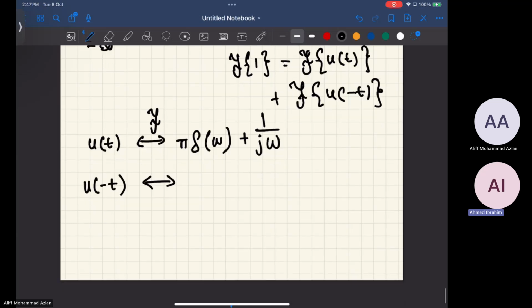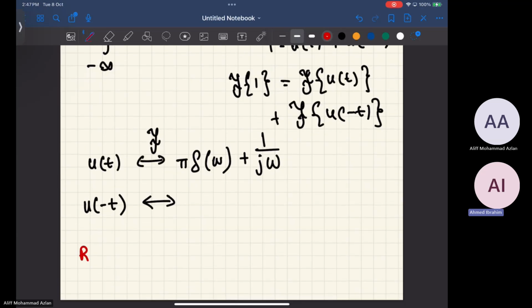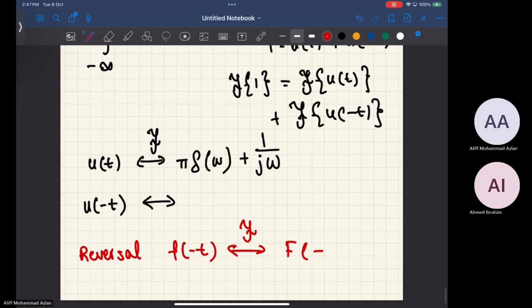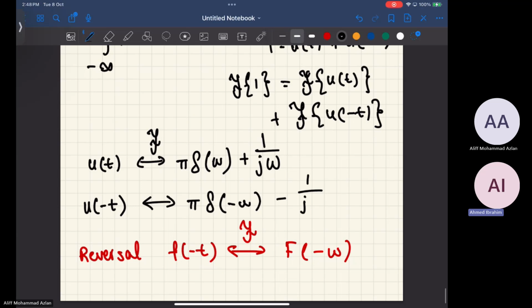We can just use the reversal property, which states that if you have f of minus t, that has a Fourier transform F of minus omega. So essentially, we replace all the omega with minus omega. So that's equal to pi Dirac delta minus omega minus 1 on j omega.